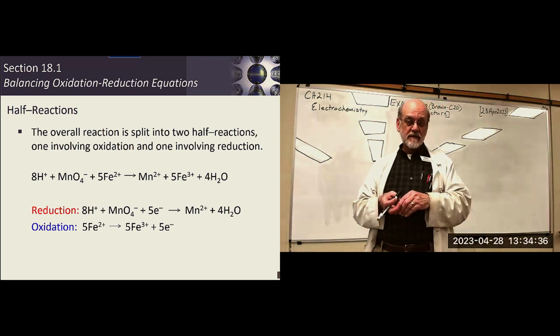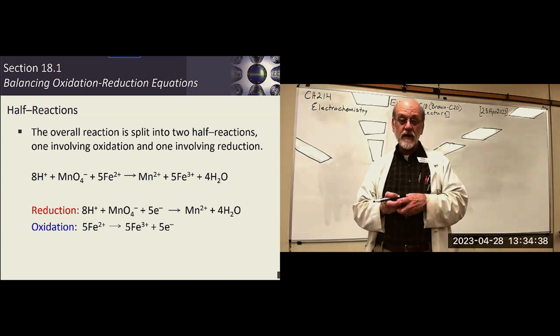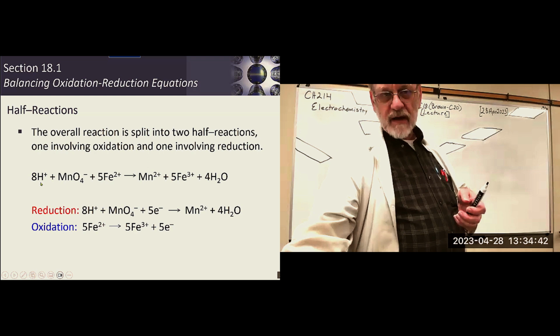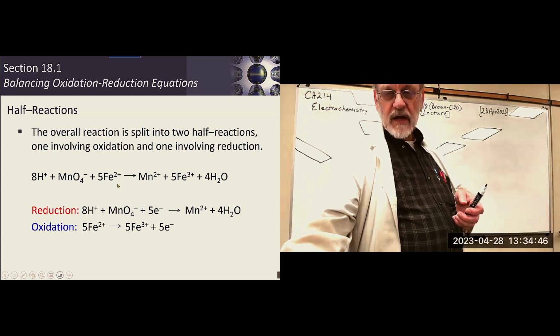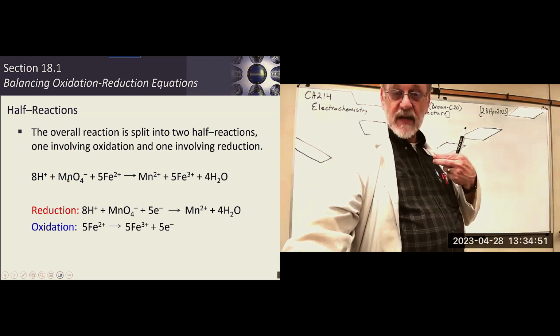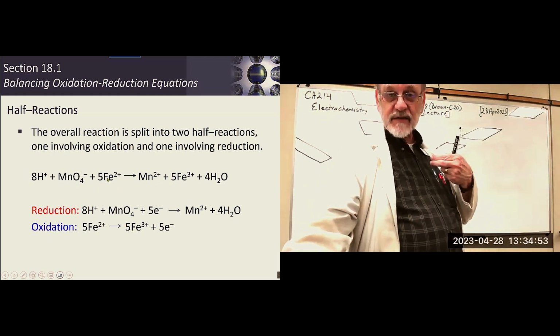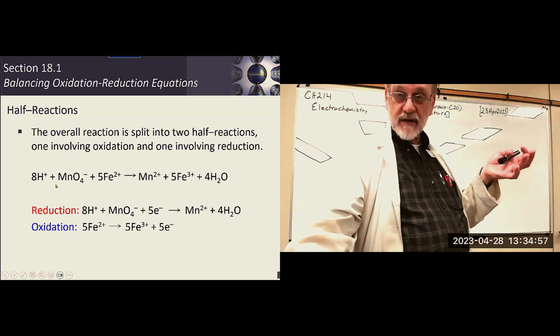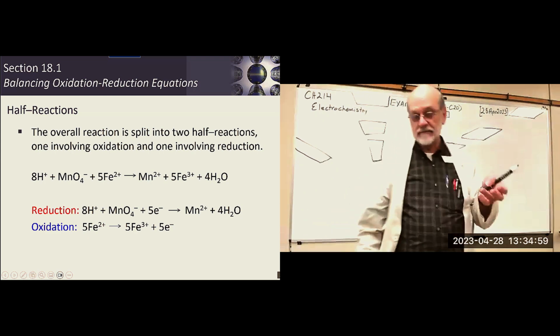Very often, actually, it's necessary because you'll notice that we've got protons and water molecules in here, and really the oxidation reduction business that's taking place is with the manganese and the iron. So how did we get the waters and the hydrogens in there? Well, that's part of the procedure.